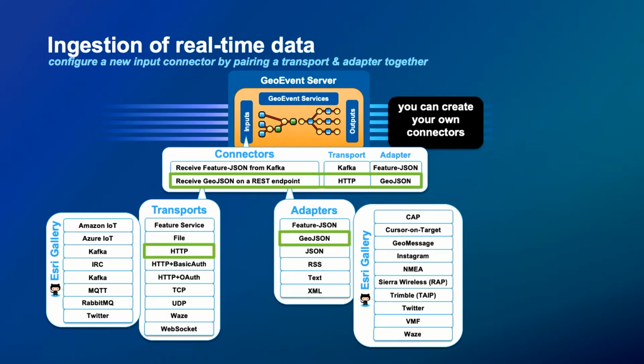And the receive GeoJSON on a REST endpoint connector is composed of an HTTP transport and a GeoJSON adapter. It is important to note that you can create a new connector that isn't part of the core offering by combining the existing transports and adapters. You can do all that in the GeoEvent Manager UI without writing any custom code.